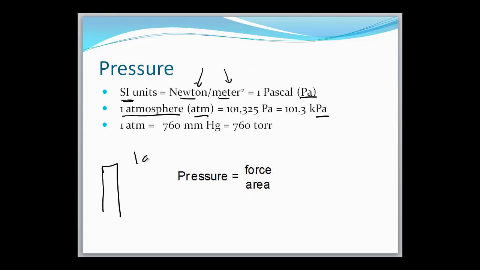So we say 1 atmosphere is equal to 101,325 pascals or 101.3 kilopascals. 1 atmosphere is also equal to 760 millimeters of mercury, and we'll talk about where that comes from when we talk about the gas laws, and it's also equal to 760 torrs. So you will see these units used: atmospheres, kilopascals, sometimes pascals, millimeters of mercury, and torrs.